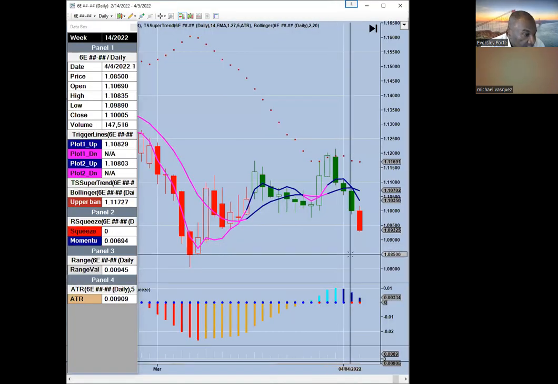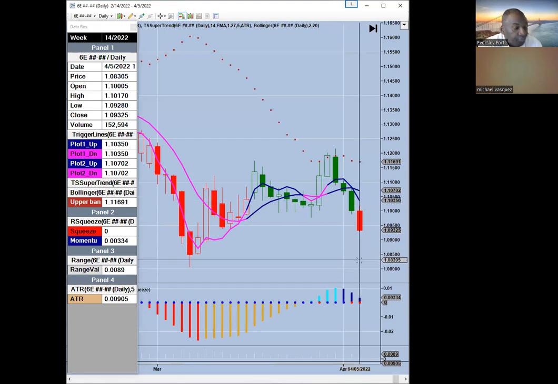All right, so what do we see here now? Plot 1 crossed below plot 2. Let's assume this is all we see that day.